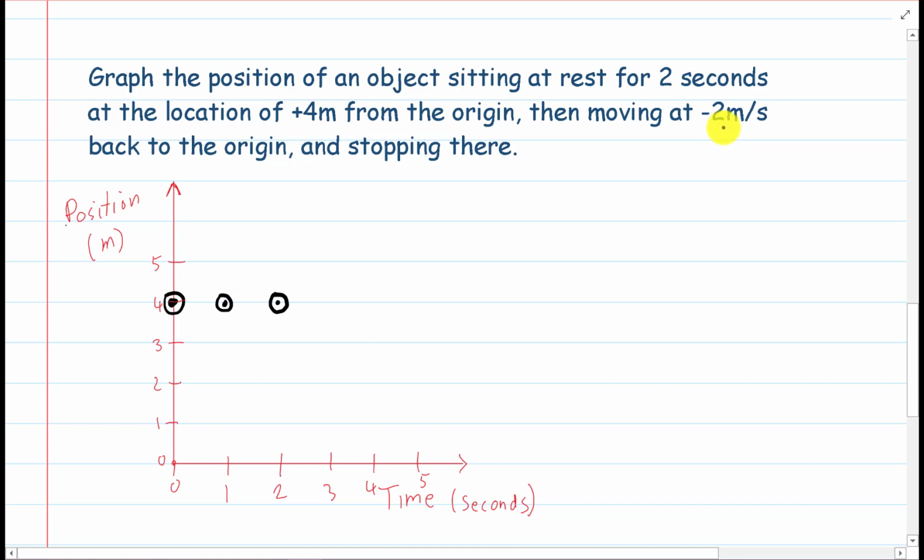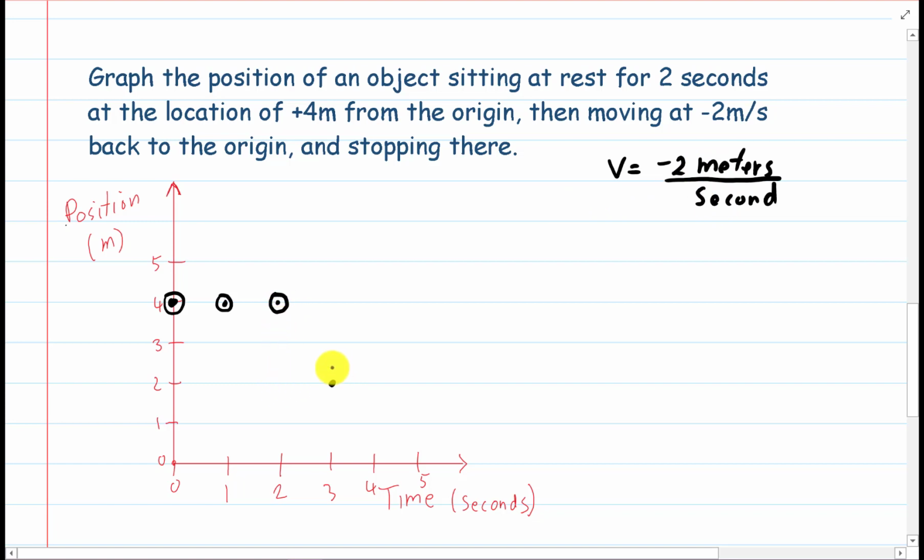And what does a velocity of -2 mean? It's -2 meters every second. So that means it goes down 2 meters back to the origin because we're at 4. So after 1 second, it goes down 2.